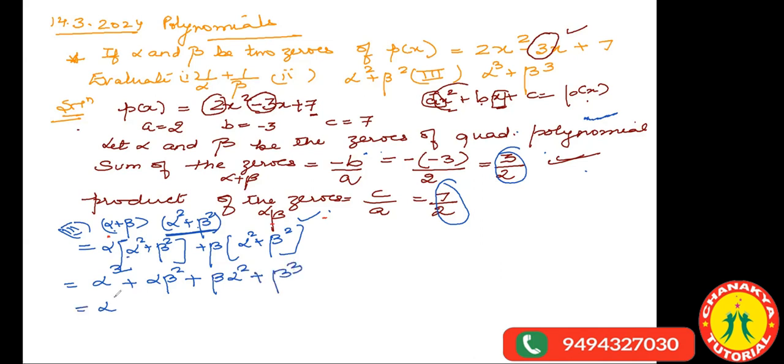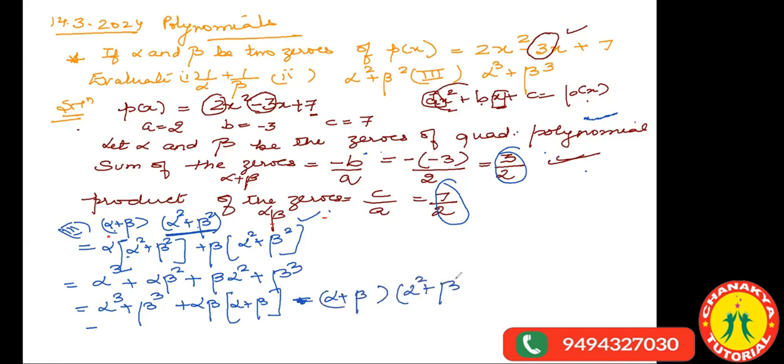Clear? Now write alpha cube plus beta cube together. Take alpha beta common. Then it will be alpha plus beta. Oh, sorry, only this much. Now we have to find, and it will be equal to alpha plus beta into alpha square plus beta square. So children, can you tell me, in the second part, what was our value?